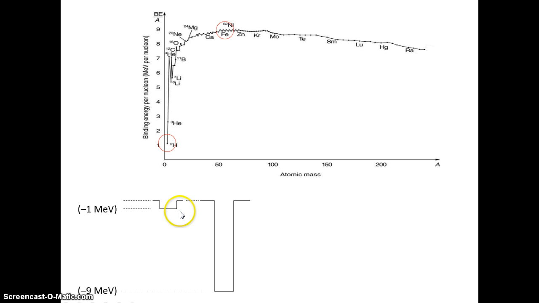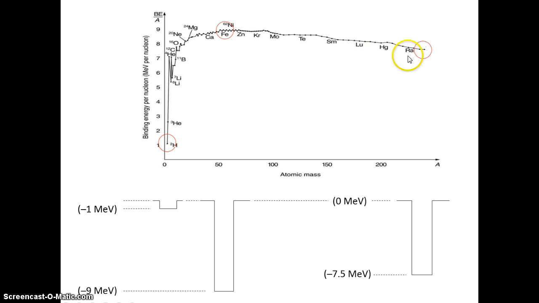So you have to lose 1 mega-electron volt per nucleon to form that nucleus. Over here on the far right, the wells are about 7.5 mega-electron volts deep. So to form these nuclei, every single nucleon, every proton and neutron in that nucleus has to lose 7.5 mega-electron volts.